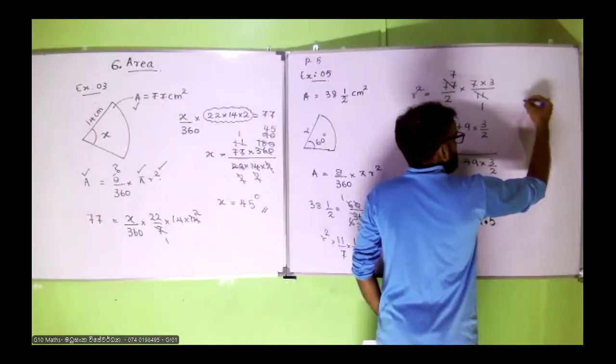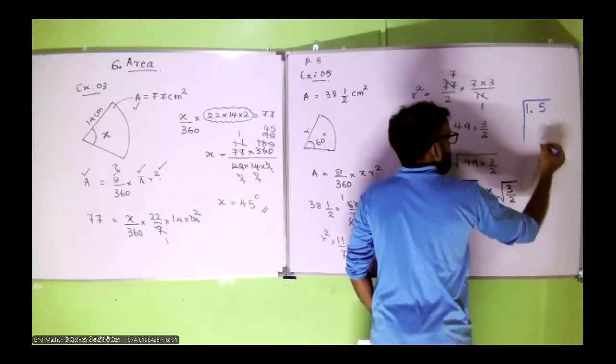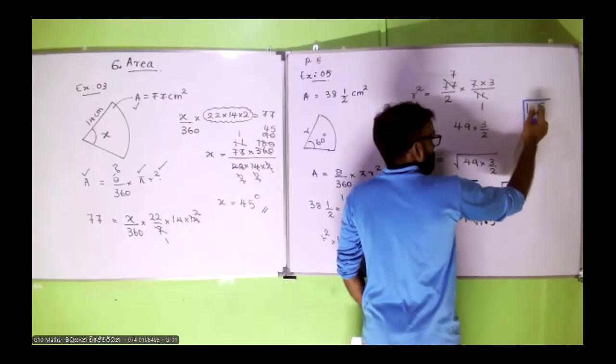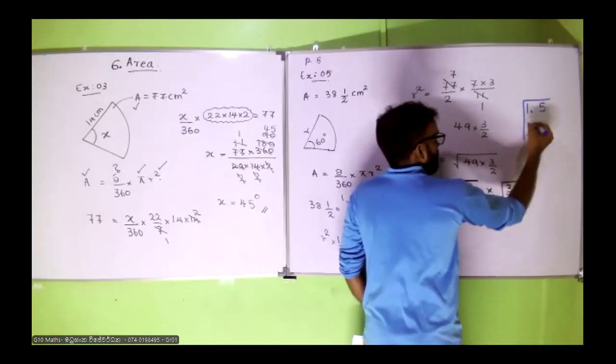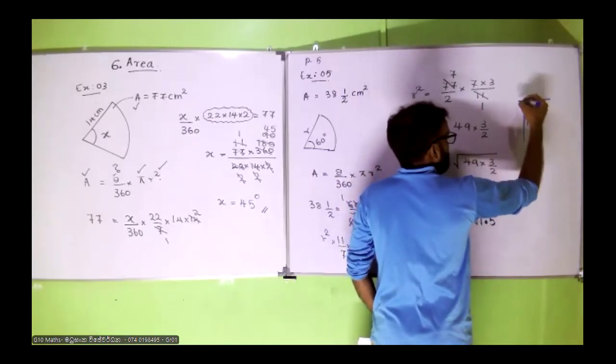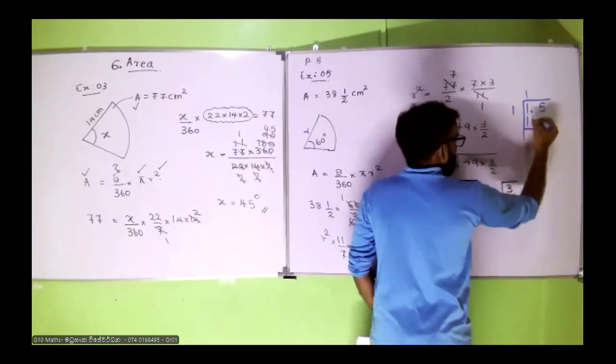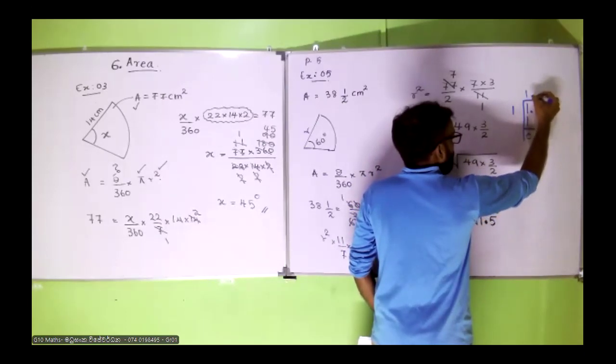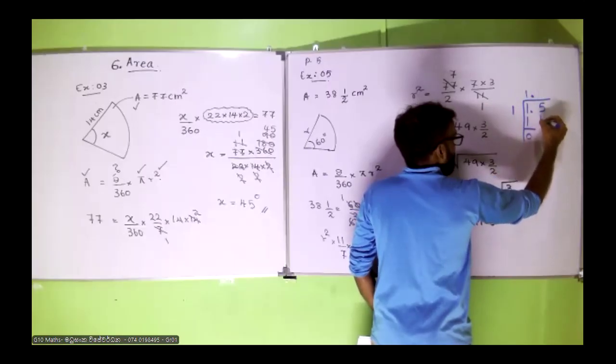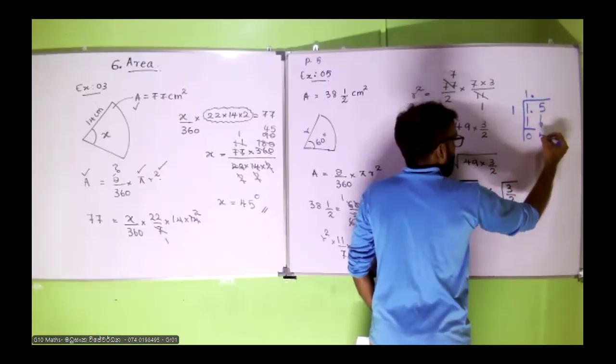You are using the knowledge of lesson number 2. The perfect square is 1 for that. So 1 into 1, 1. Get the subtraction, 0.